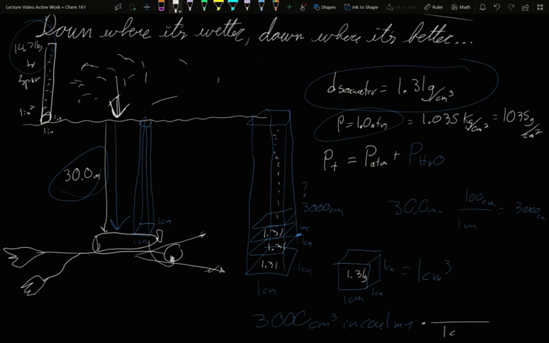Well, every 1 centimeter cubed is 1.31 grams. So this is going to be 3,930 grams. I can actually find the weight of water in that column. The total of all of that is going to be 3,930 grams of seawater.